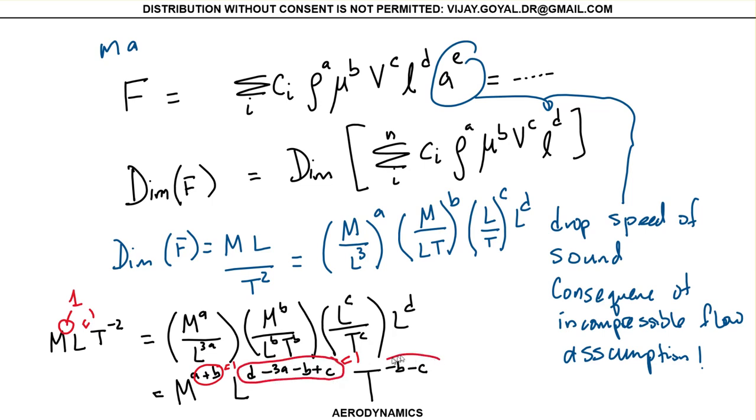And this has to equal minus 2 because of this. So basically I'm going to have a set of equations which I now need to solve. So this is what I'm going to do next. We know that A plus B is equal to 1.